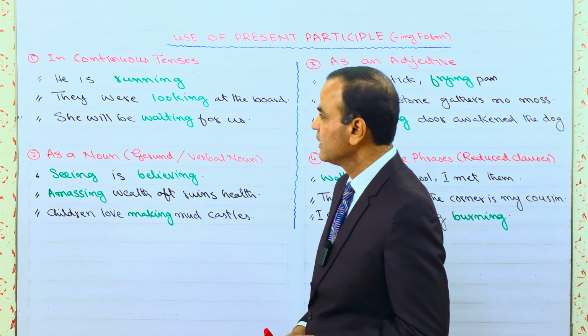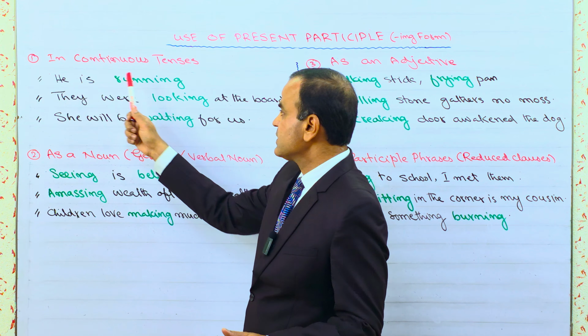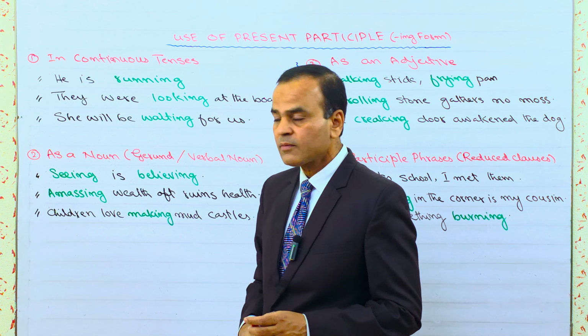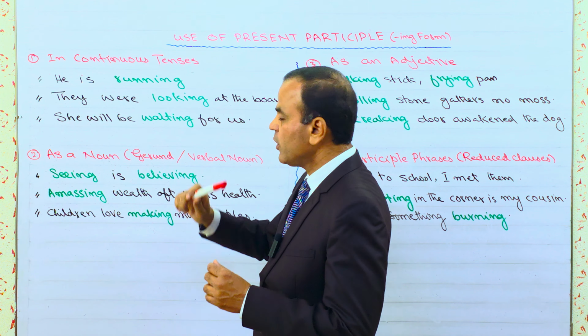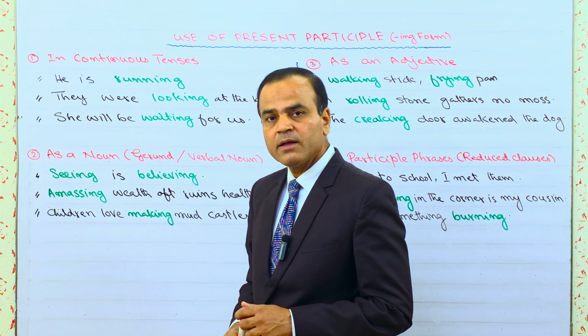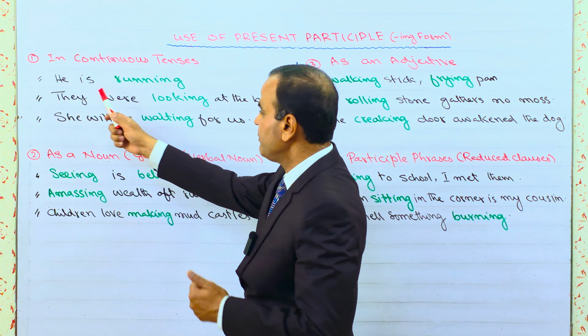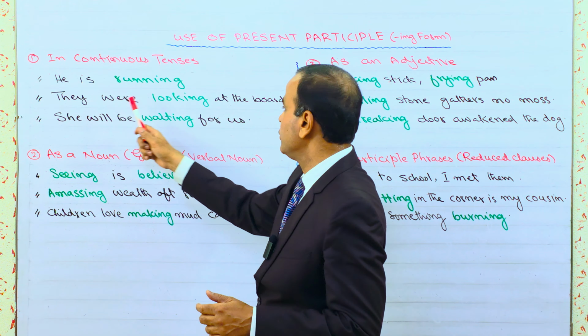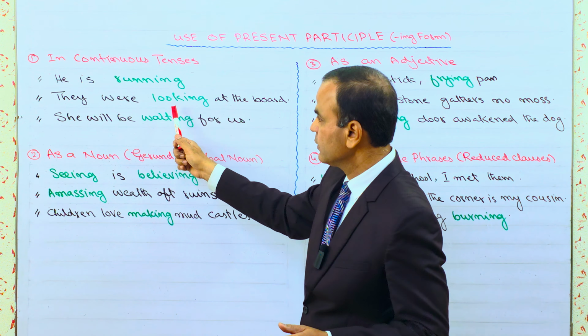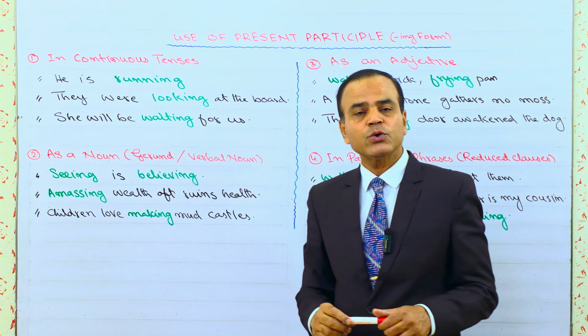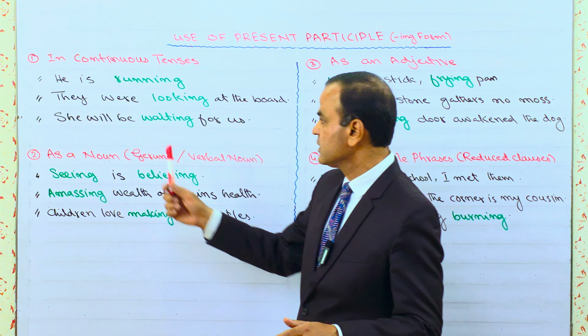As he is running, here the ing form of the verb is used to form the present continuous tense with the help of the to be verb. They were looking at the boat. Looking here is showing past continuous tense.